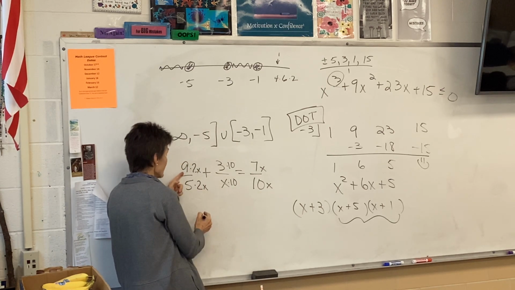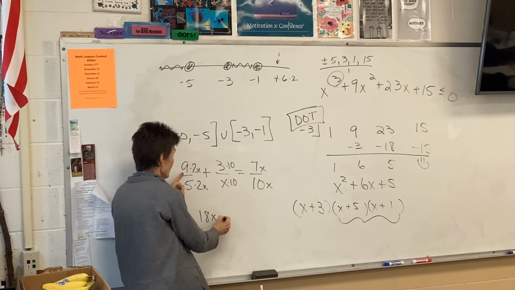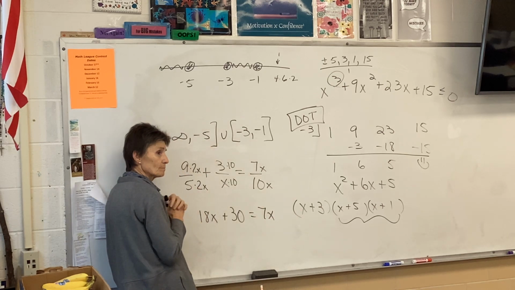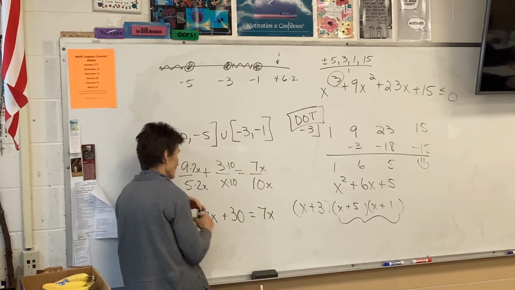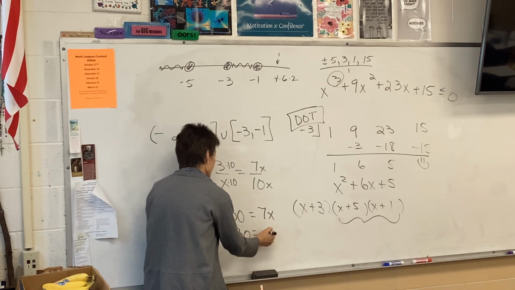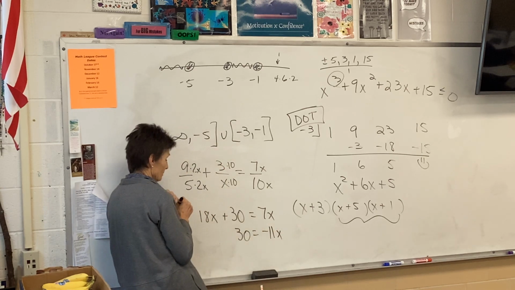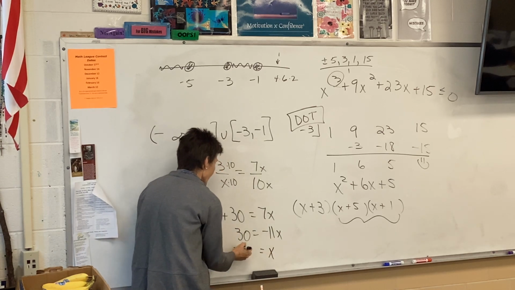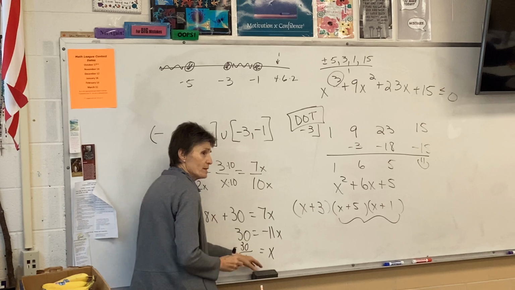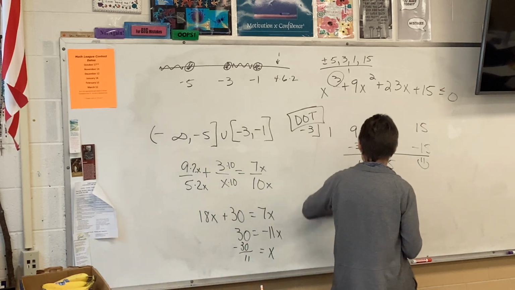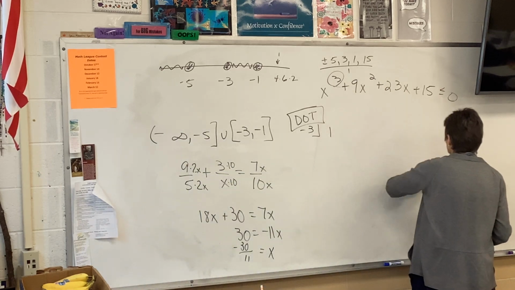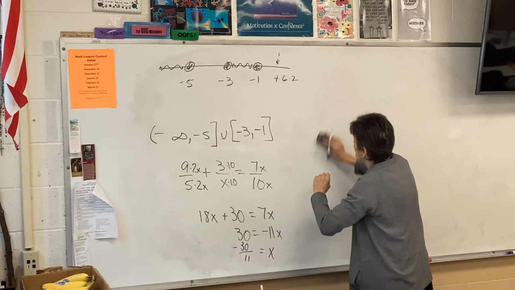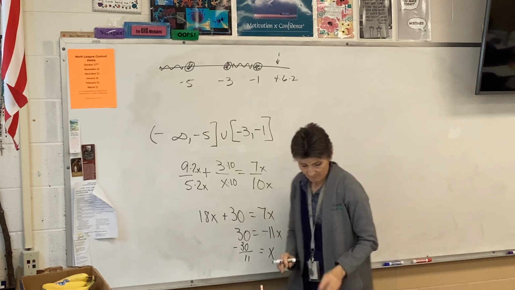So this is multiply, so 18x plus 30 equals 7x. So 30 is negative 11x, subtracting 18. And it looks like x is negative 30/11ths. Remember, I'm making these problems up, so we're not concerned when we get crazy answers.